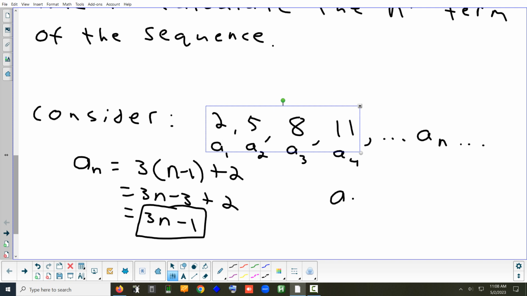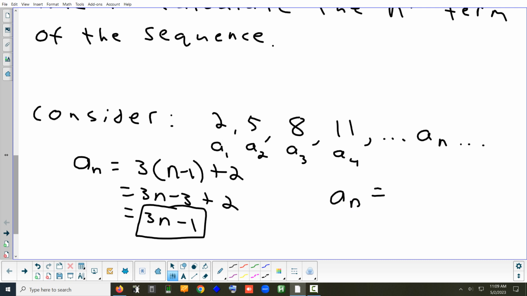There's also another way. There is another way. What's the pattern here? Adding 3 to what? The previous number. Add 3 to the previous number. So if this is the term that I wanted to know, a sub n, what's the one before?